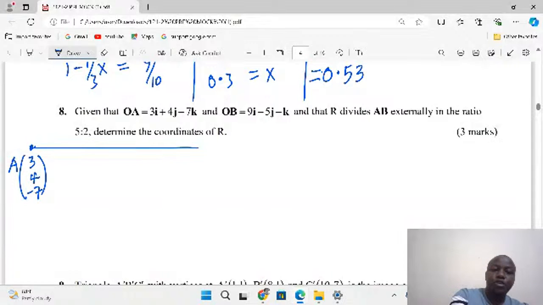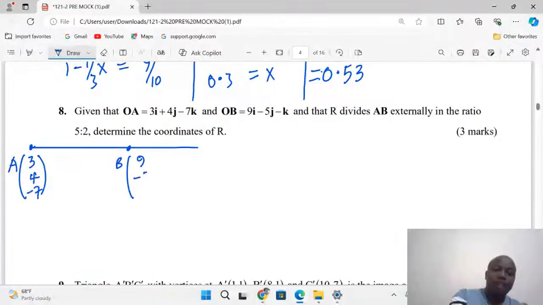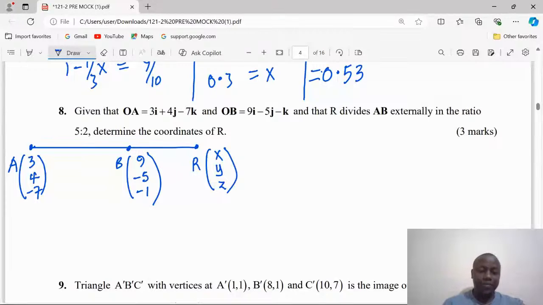Then we have another point B, which is 9, -5, -1. Those are again the values. And finally, there is a point R, whereby the coordinates of R are not known. I let them be x, y, z.